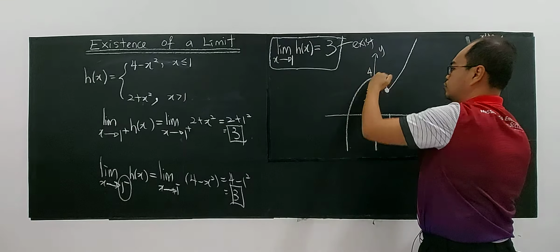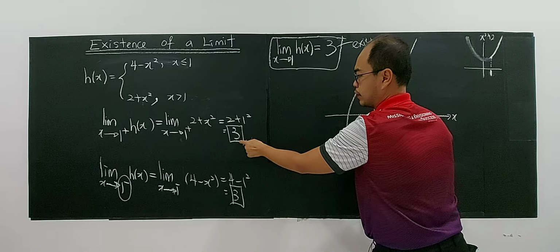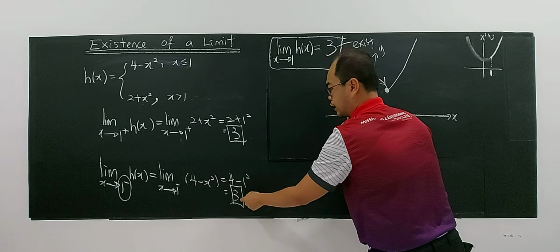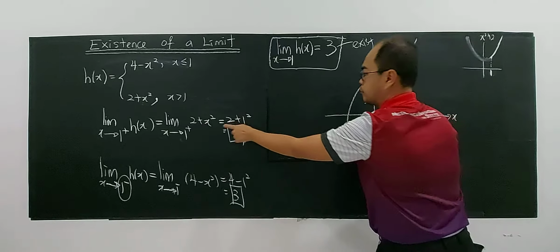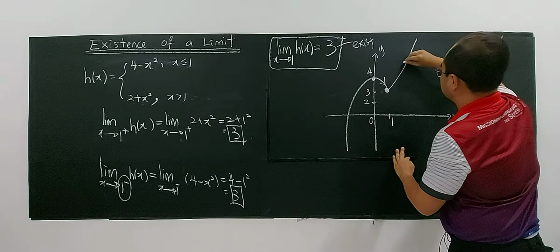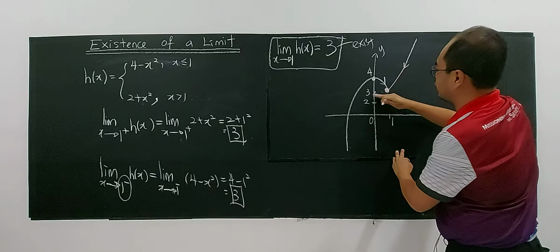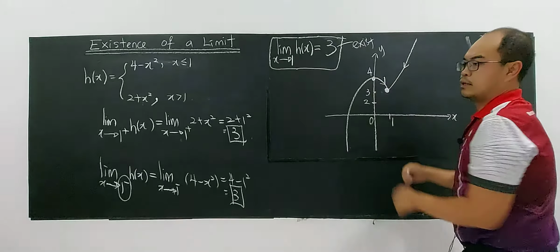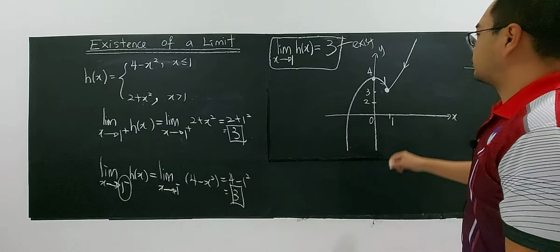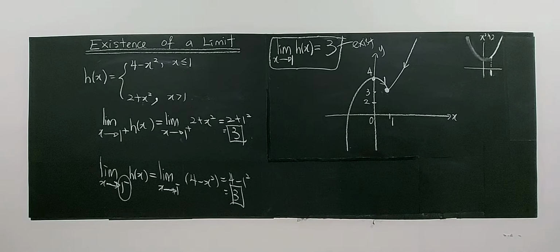They're going to the value 3. Can you see that? From the left, you get 3, right? 1 minus. From the right, you also go to the value 3. That's why they are not broken. Yes or no? So this is the meaning of the limit exists.